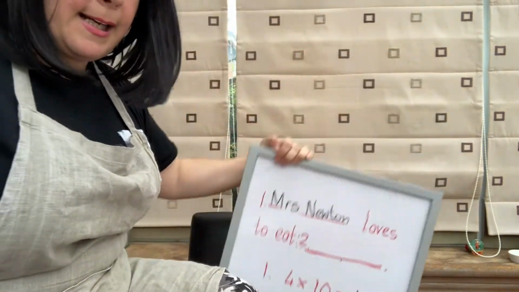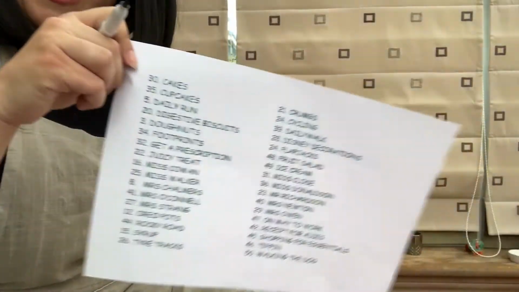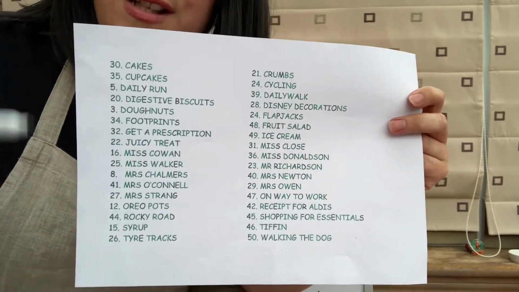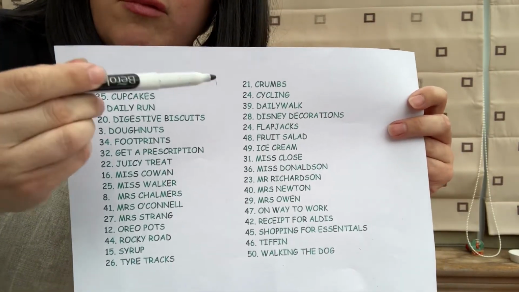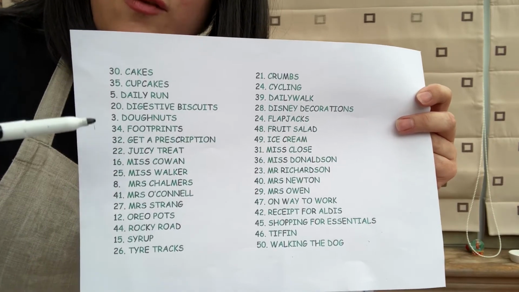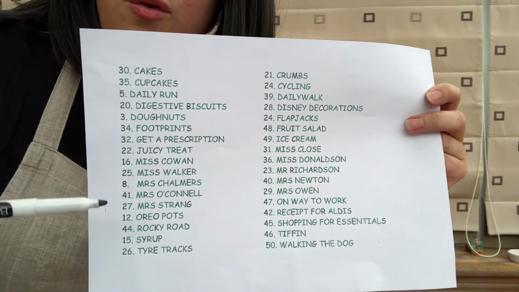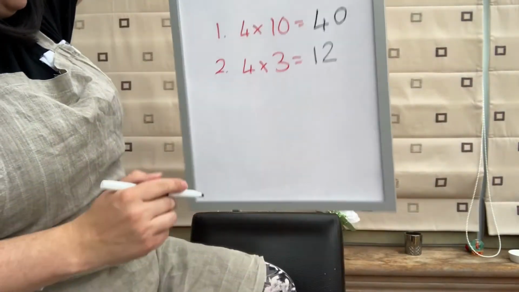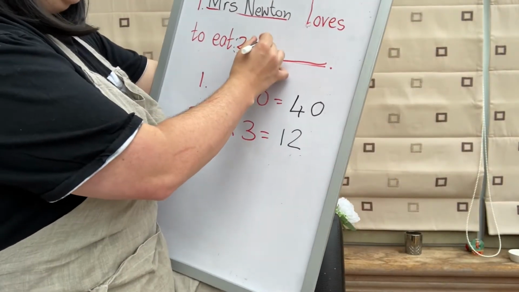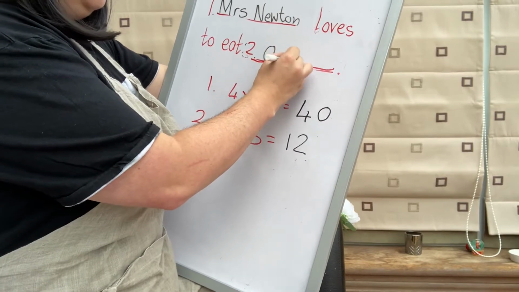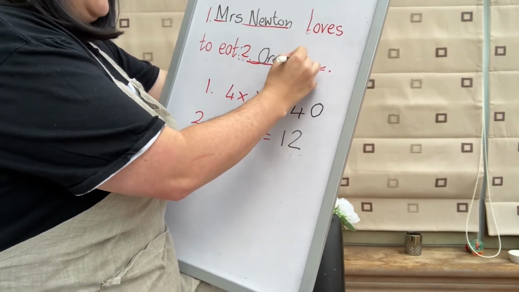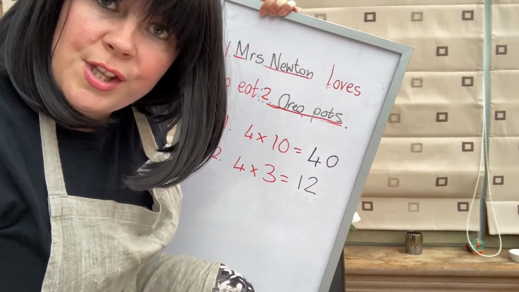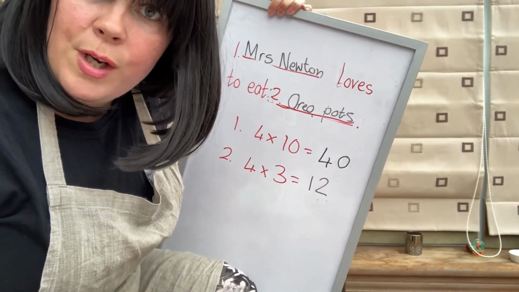Let's go back to our wee list. So anything that has a 12 next to it, I knew there was a reason for this. I knew it was a reason. Oh, let's see. Oh, is it on this side? Is it over here? Oh, there it is. Mrs. Newton loves Oreo pots. Now, I actually have it on good knowledge that Mrs. Newton does love Oreo pots.